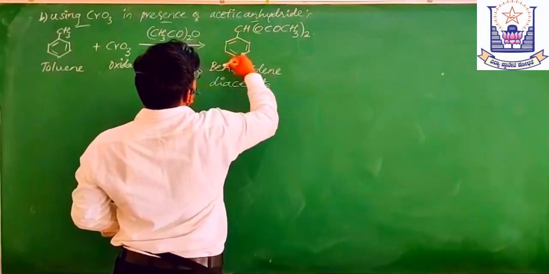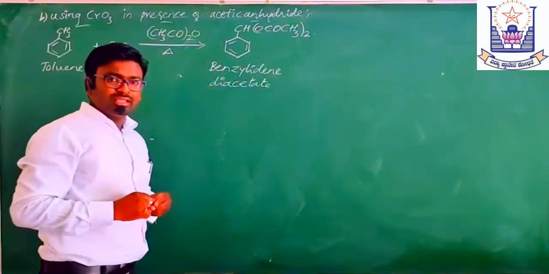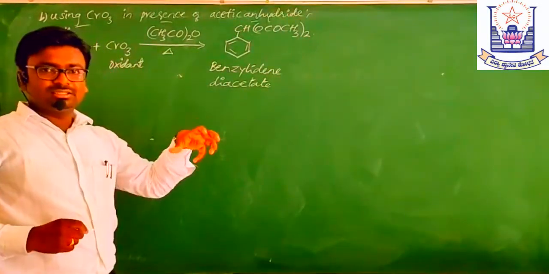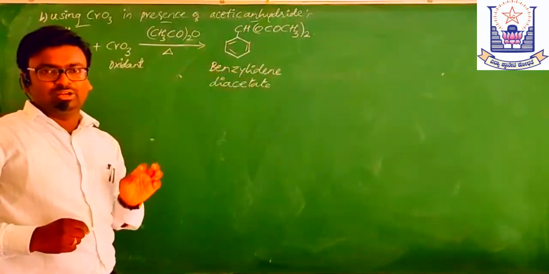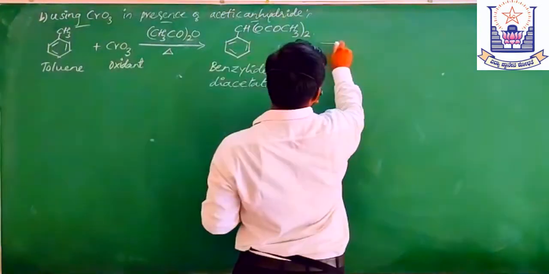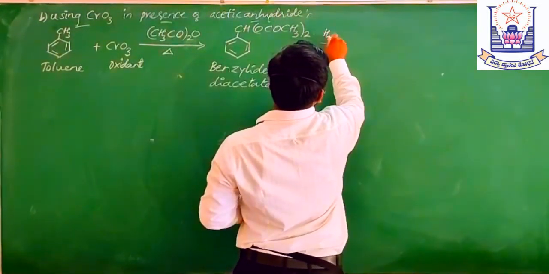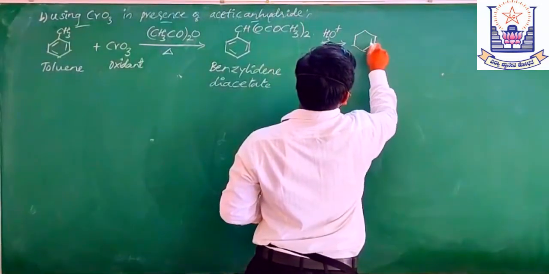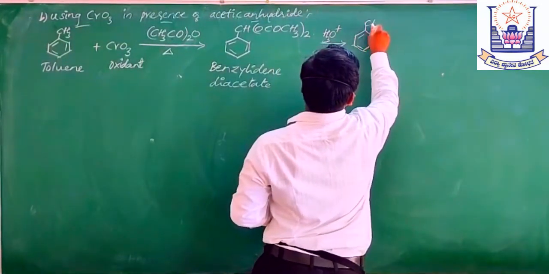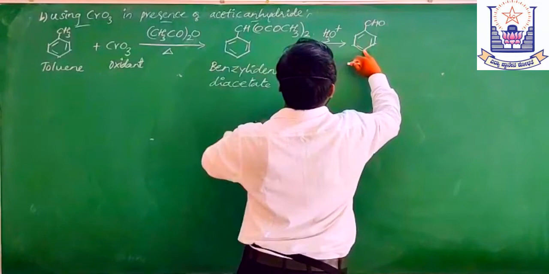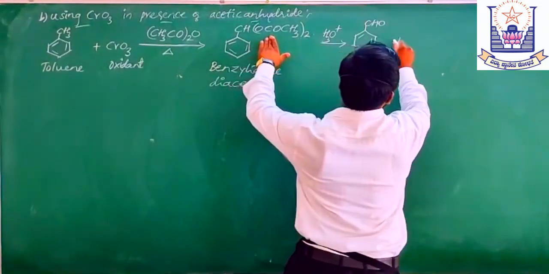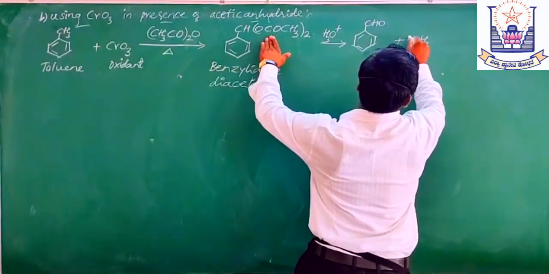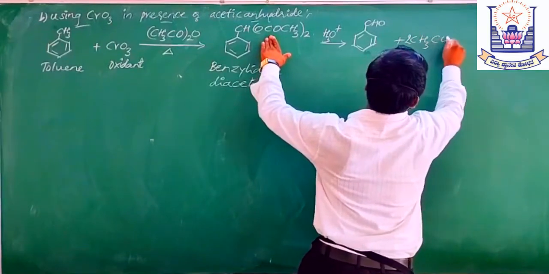Again, when it is acid hydrolyzed, we will get benzaldehyde like this, and the byproduct will be acetic acid, 2 moles of acetic acid.